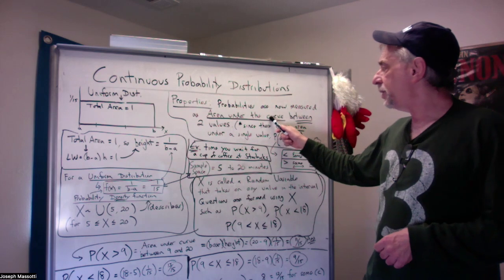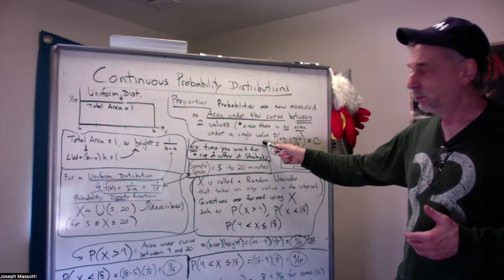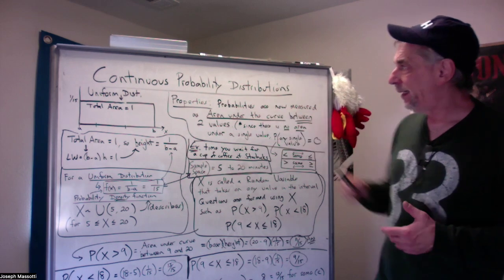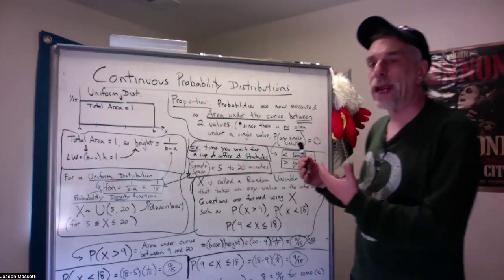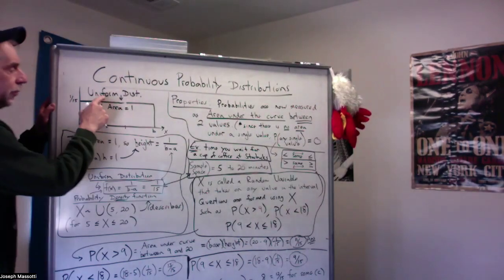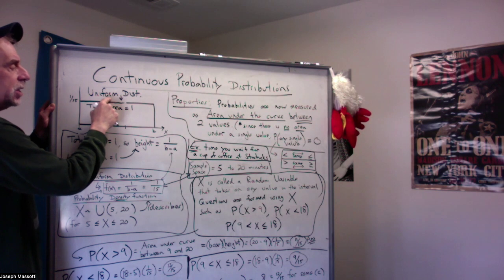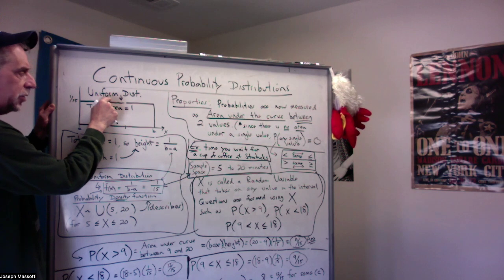When we do this, there is no area under a single value, right? The probability of any single value in a continuous probability distribution is going to be 0, because there's no area underneath a single value. We're going to introduce continuous probability distributions using a special one called the uniform distribution.